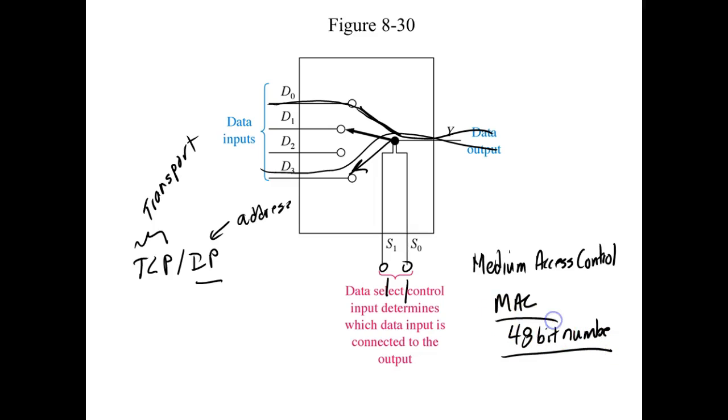This is built into the card when it's assigned by the manufacturer. Your phone's got a MAC address. You ever looked at that? The MAC address is the physical address. The IP address is a logical address. It's assigned by the network. And these guys right here keep up with that.